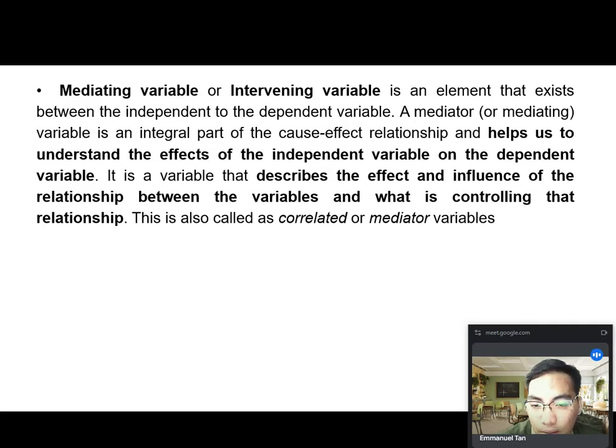So it is a variable that describes the effect and influence of the relationship between the variables and what is controlling that relationship. Okay, so this is also called as correlated or mediator variables.